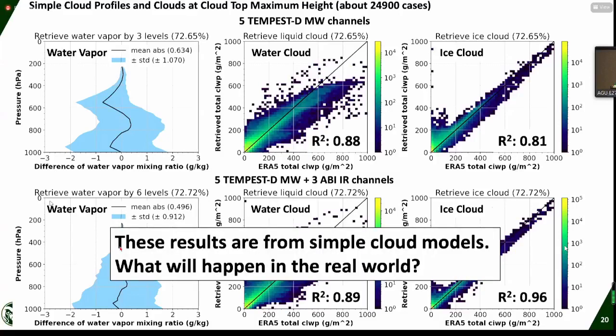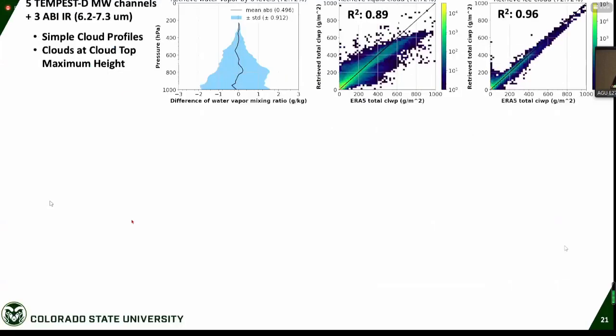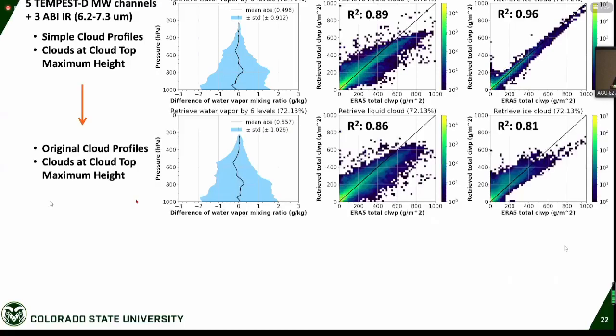However, those results are based on simple cloud models. What will happen in the real world? I mean, with original cloud profiles. The upper three figures are the results using the simple cloud profile, where we also know the cloud top height. In the middle three figures we use the original cloud profile, but we still know the cloud top height.